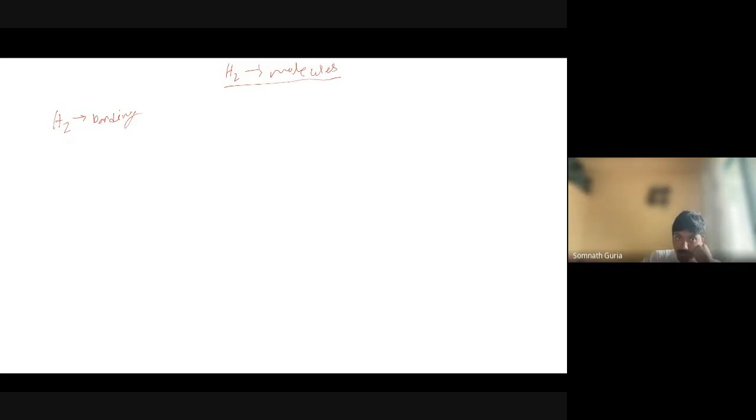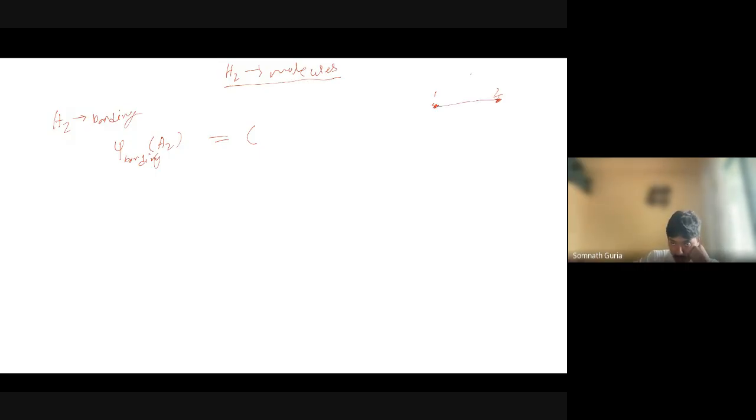For the H2 molecule, we have a function psi bonding of hydrogen. It is a linear combination of the hydrogen 1 and hydrogen 2, nucleus 1 and nucleus 2.